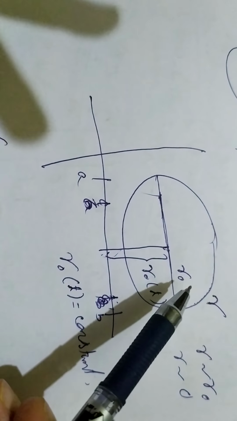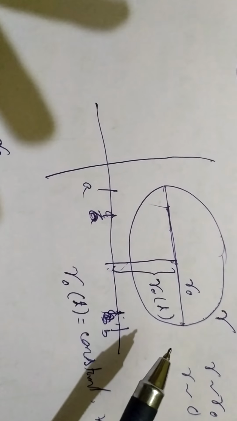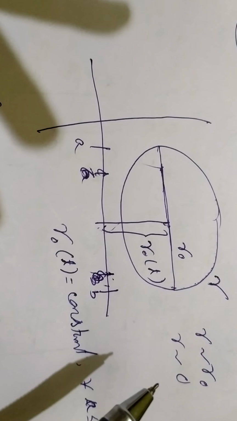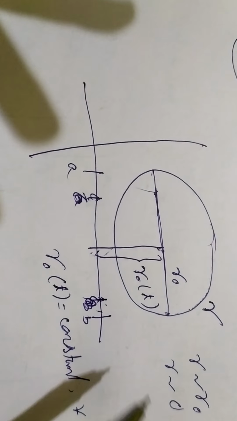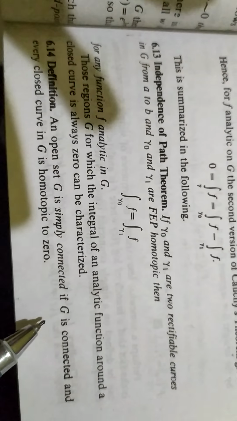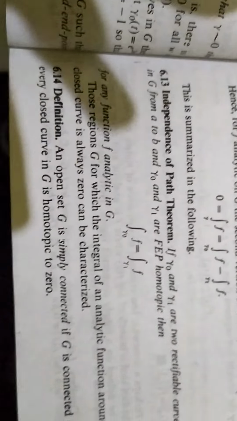So gamma is homotopic to gamma naught, which is a constant curve. Therefore gamma is homotopic to 0. That is the concept of homotopic to 0. So simply connected region means it must be an open set, it is connected, and every closed curve is homotopic to 0. Last class we defined this.